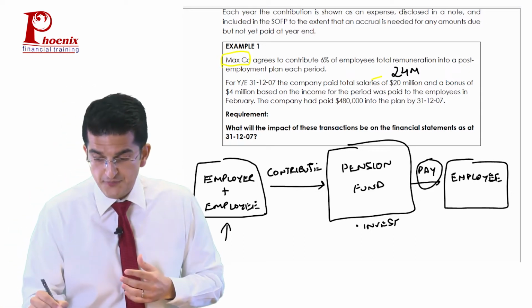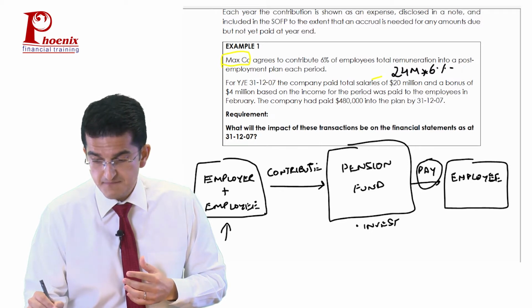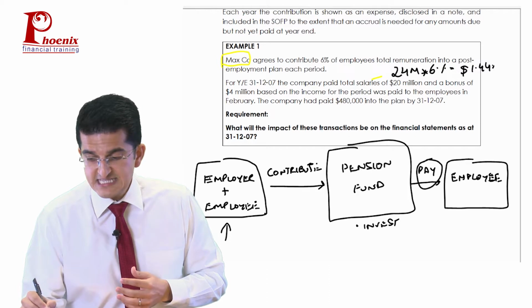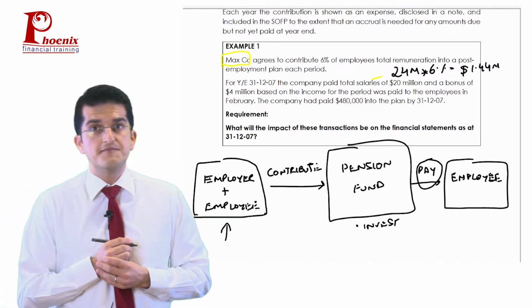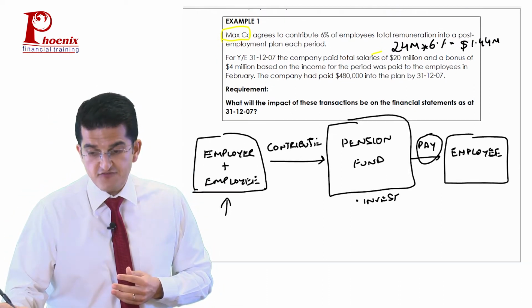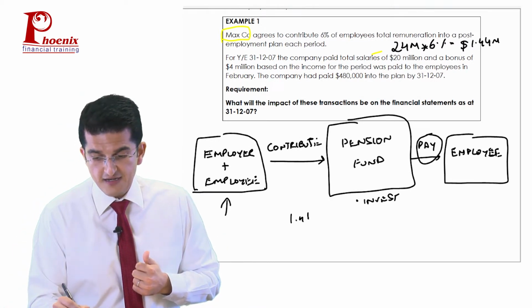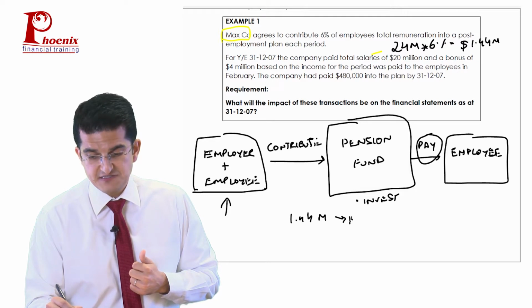The amount to be contributed is 6%, which is 1.44 million, the amount of expense that will be recorded. So irrespective of how much is being contributed, 1.44 million will be recorded as an expense.